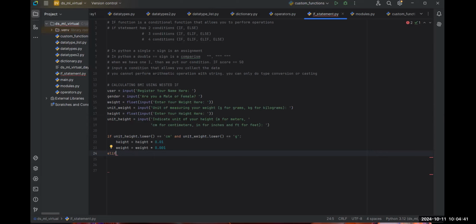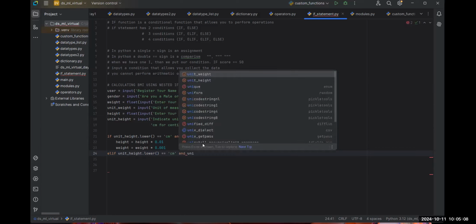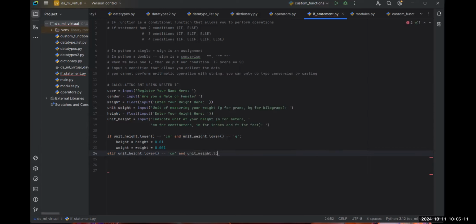Okay. Elif, unit height dot lower is equal to, we are trying to format cm and kilogram now, and unit weight dot lower equal to kilogram.